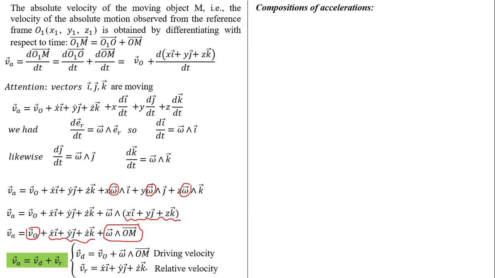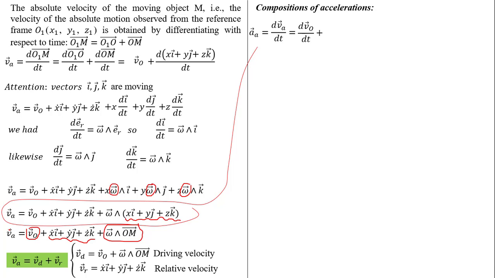We can also deduce the composition of accelerations. It's a bit more complicated, but not difficult. So the absolute acceleration is equal to dVa over dt. It's the definition of the acceleration. So we need now to derive the expression of Va with respect to time. So we will use this line.